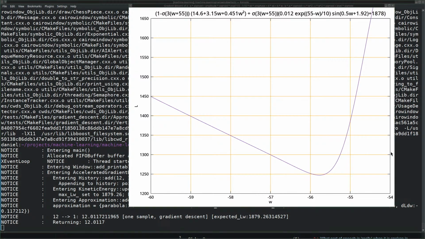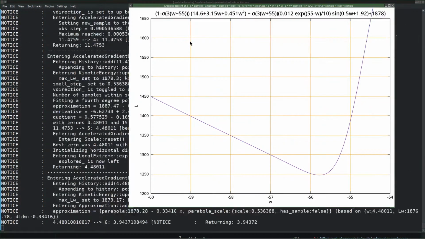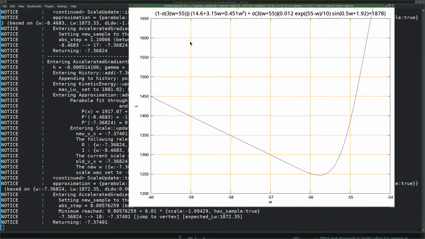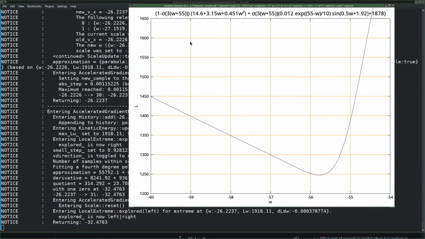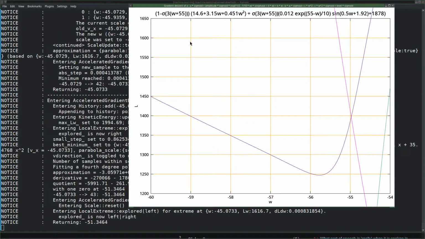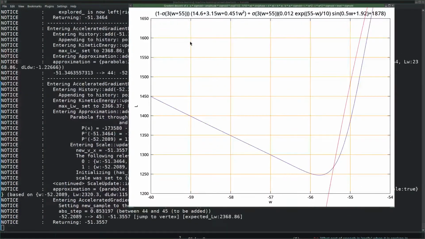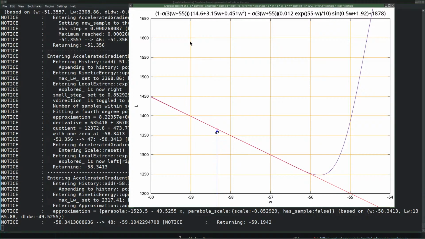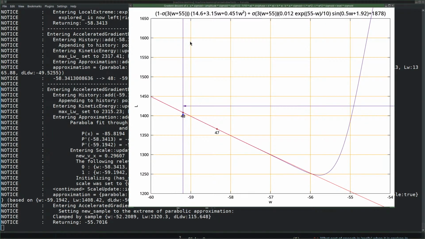But if we already come from the right, so I have to type a lot of spaces now in order to get here. There we go, that's the first one, and then that's the second one.